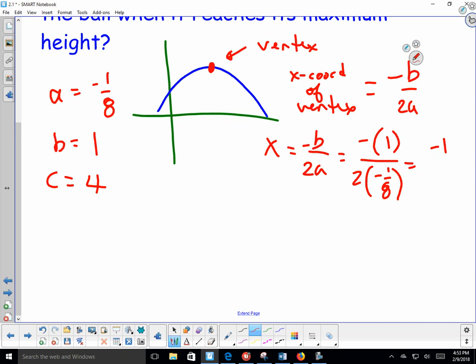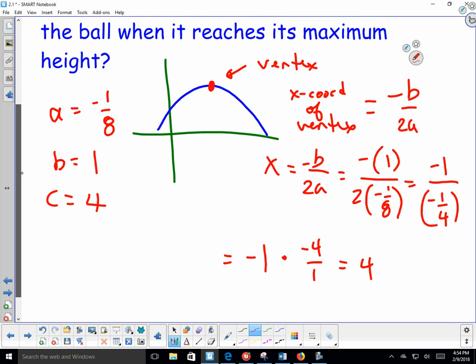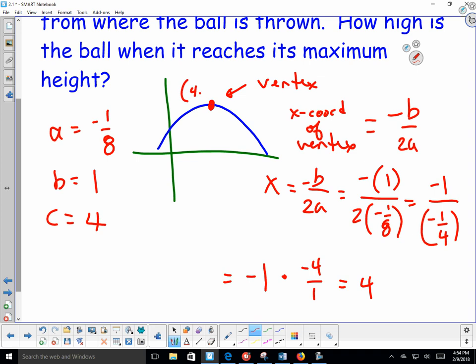The opposite of 1 is -1. 2 times -1/8 would be -1/4. And if I'm dividing by a fraction, I can multiply by the reciprocal. So I can multiply -1 by -4/1, and I get 4. We just found out that the x-coordinate of this vertex is 4.